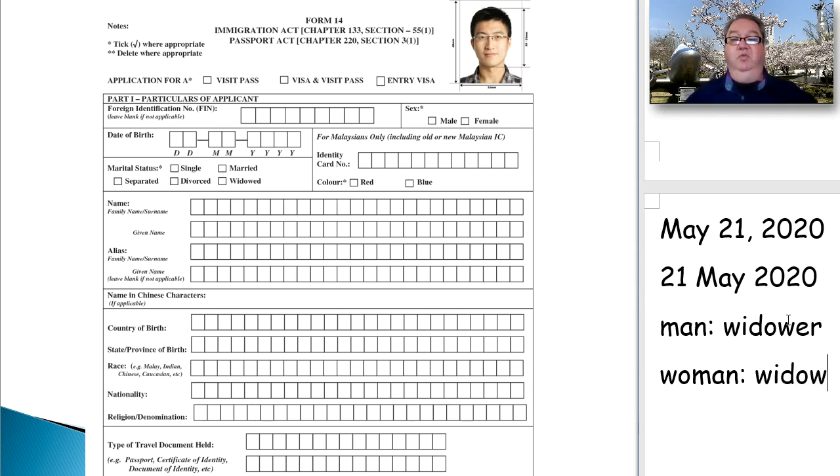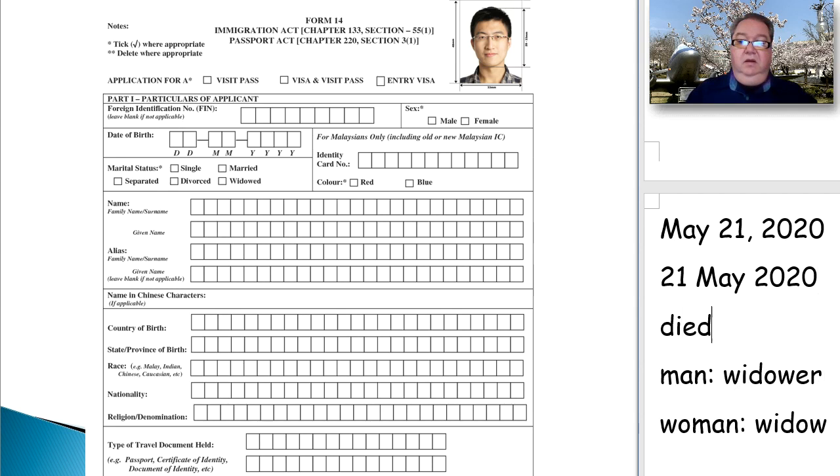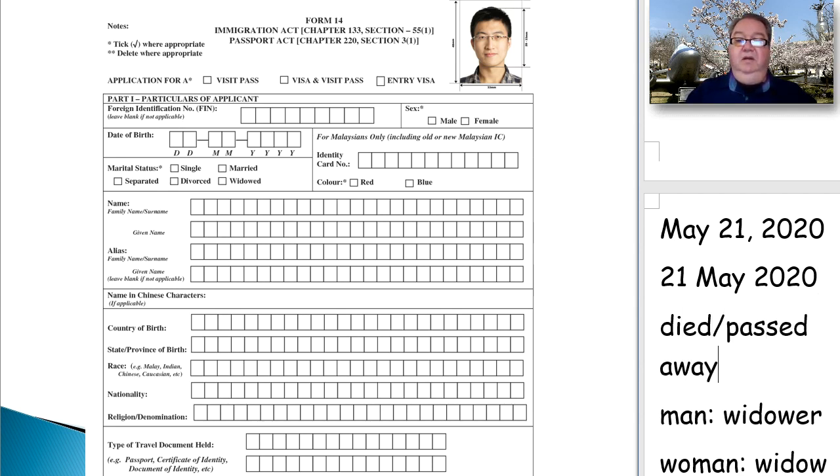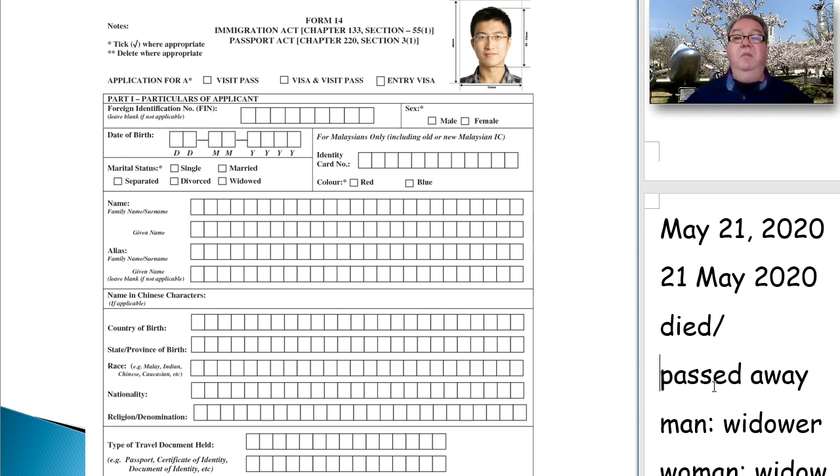Okay, so we use a different term here. A man whose wife has passed away is a widower. A woman whose husband has passed away is a widow. And that would be passed away. Not P-A-S-T, but P-A-S-S-E-D. If someone has died, we could say they have passed away.